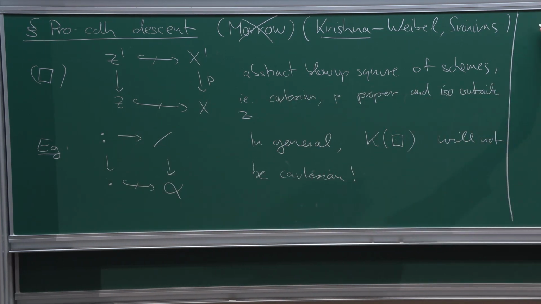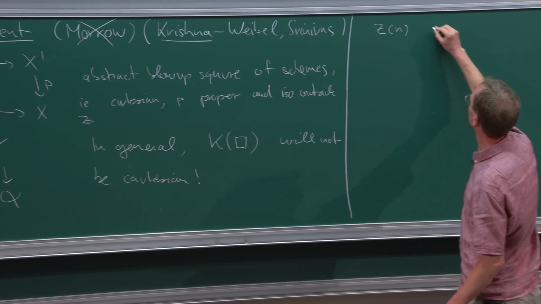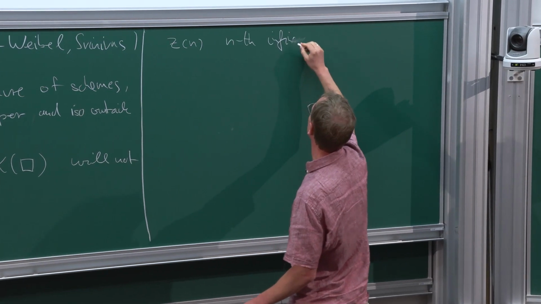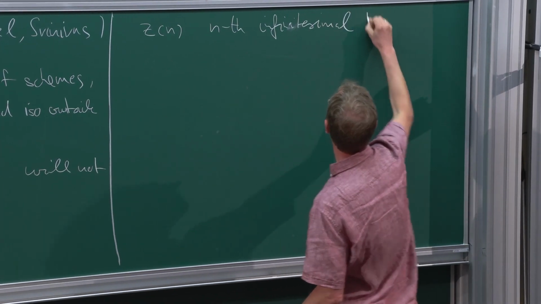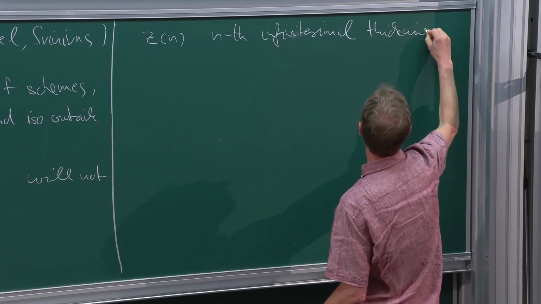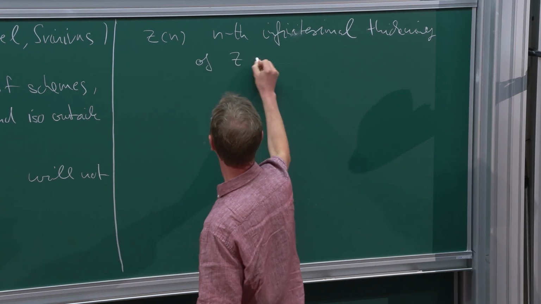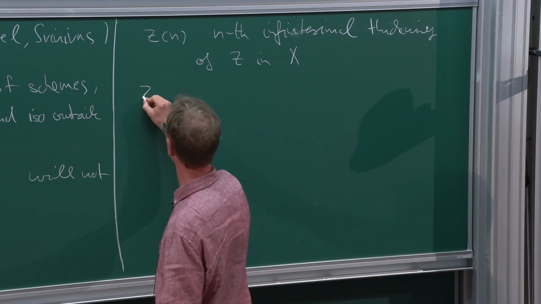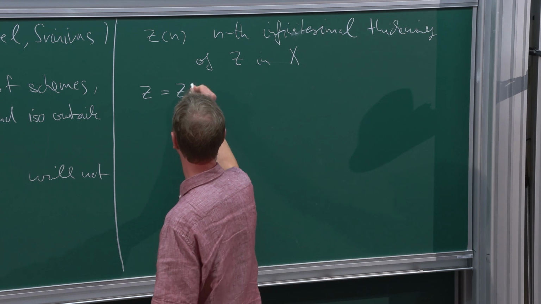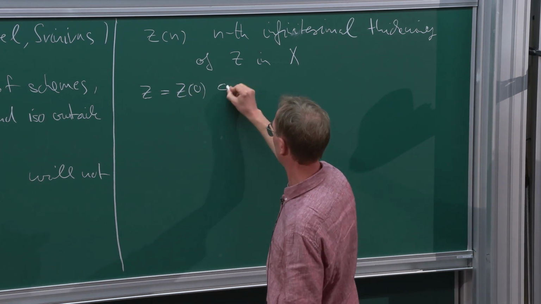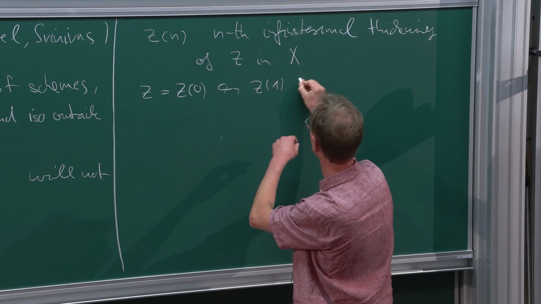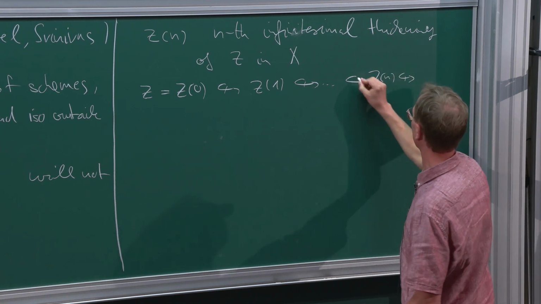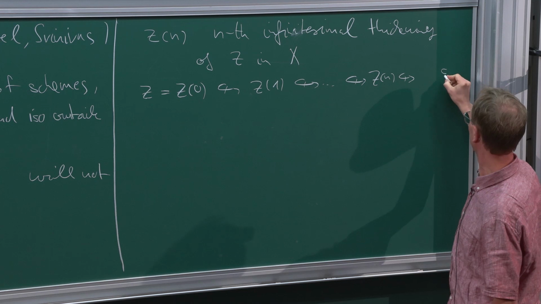More precisely, you look at Z_n, the nth infinitesimal thickening of Z in X. These thickenings form a tower Z_0, a closed subscheme with always the same underlying topological space, and so on up to Z_n, a tower of closed subschemes.